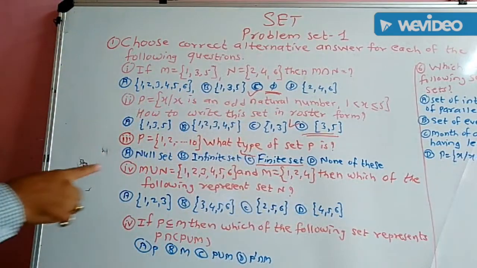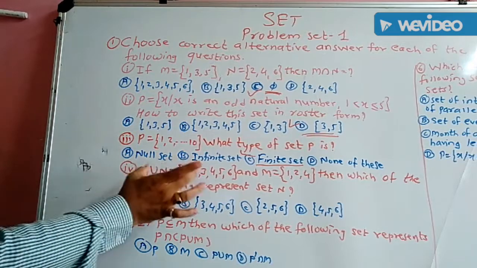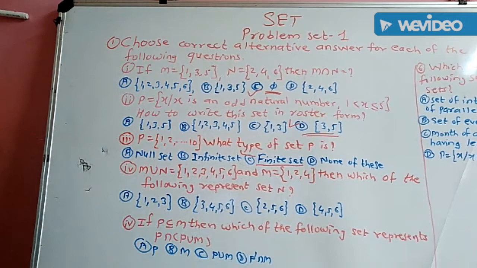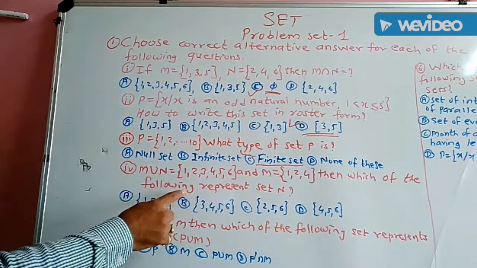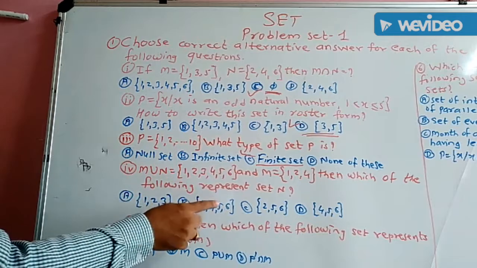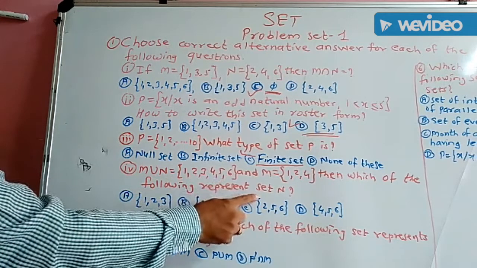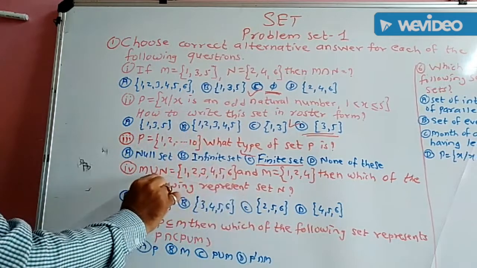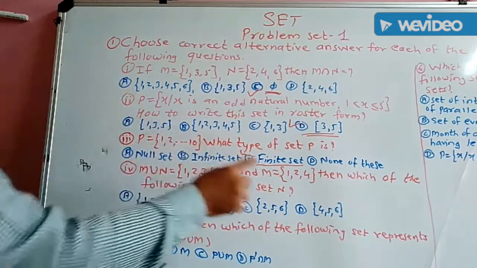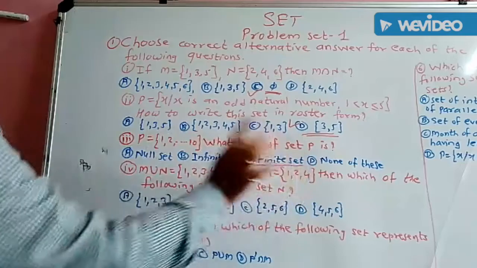Then fourth example: M union N is {1, 2, 3, 4, 5, 6}, and set M is given as 1 to 4. Then we have to choose the correct alternative which represents the set N. M union N is the set of all the elements in M and N. In M, 1 to 4 is given.